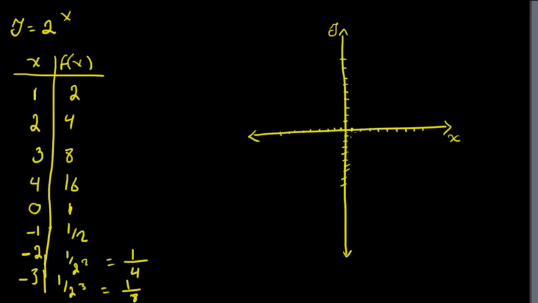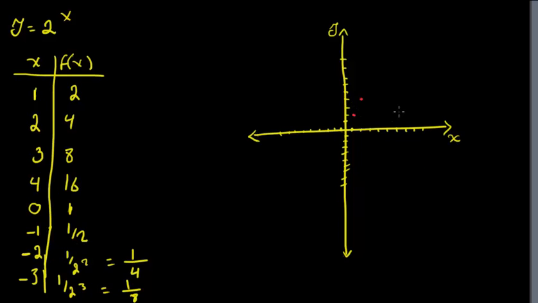If x is 1, y is 2, it is this point. Let me change my pen here. If x is 1, y is 2. If x is 2, y is 4.